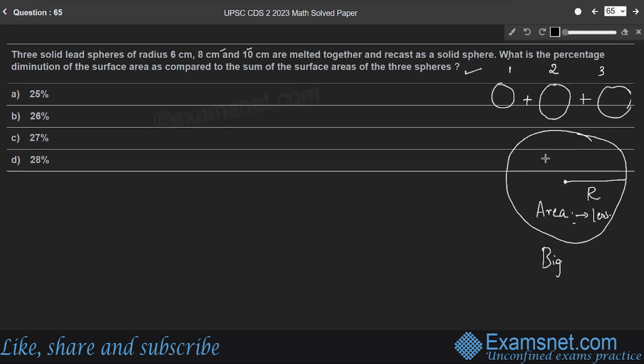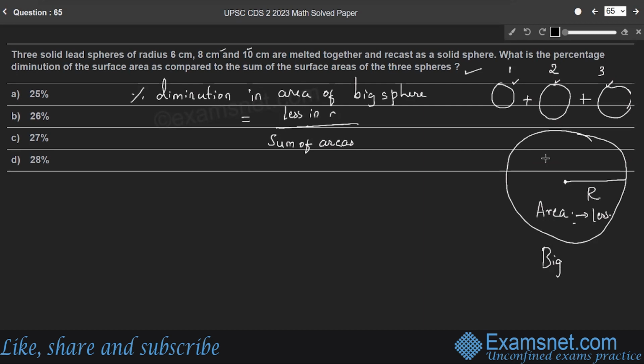So the required answer is percentage diminution in area of big sphere is equal to: the sum of the areas is in the denominator, and the less in area is in the numerator.